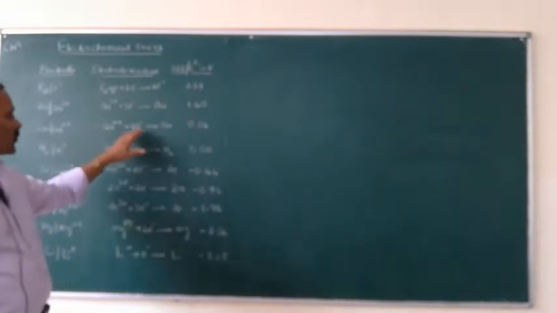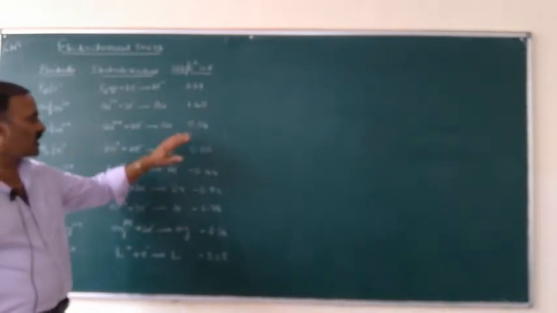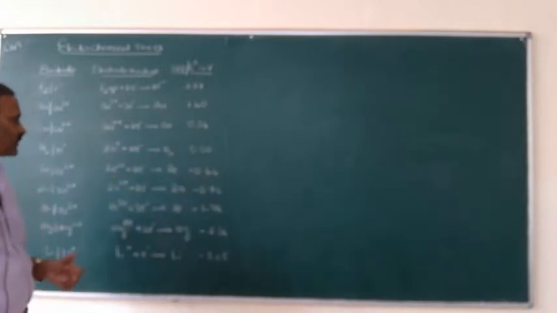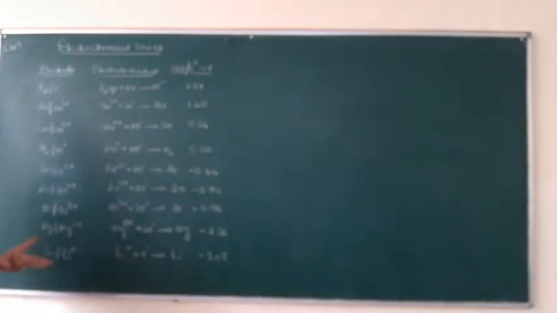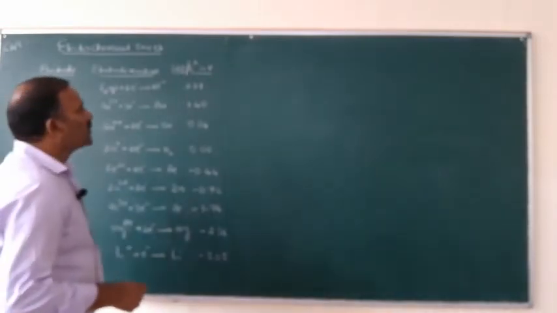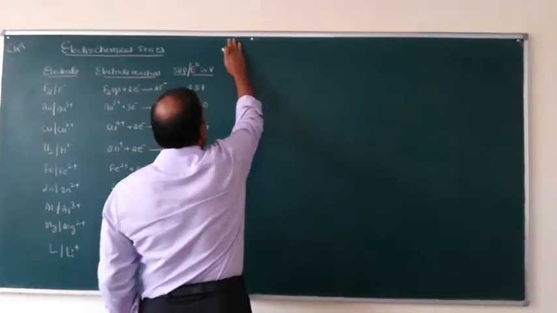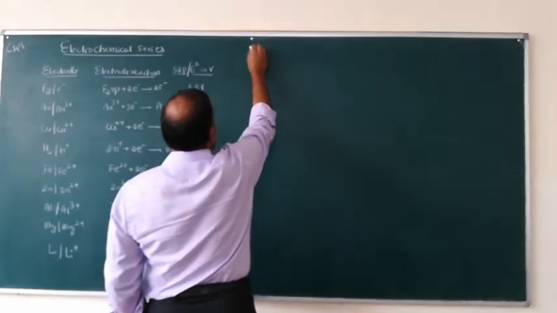The standard electrode potential of copper is 0.34. Like that, the electrode potential of any electrode can be determined using a reference electrode such as standard hydrogen electrode. So today we will discuss the applications or significance.